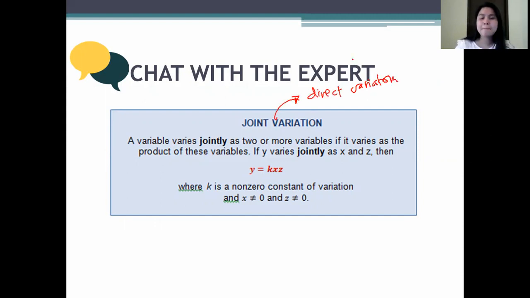For example, let me give you an example. We say y varies directly as x. How do you write it? Anyone? Y varies directly as x. How do you write the equation of variation?